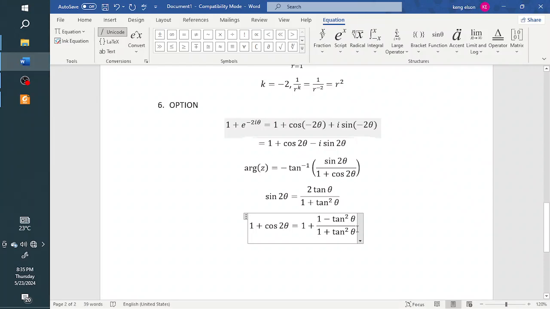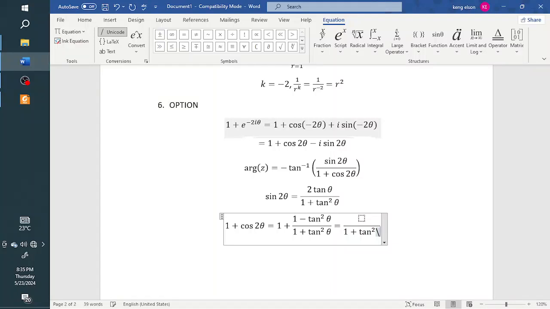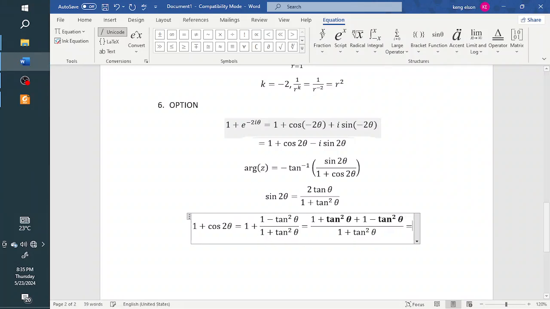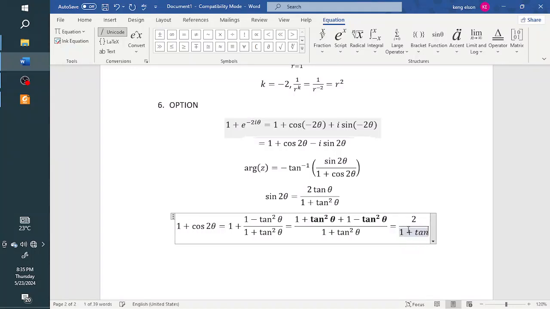Now you realize that the LCM is 1 plus tan squared theta, so we have 1 plus tan squared theta plus 1 minus tan squared theta. Tan squared theta cancels with tan squared theta, 1 plus 1 is 2, so everything will give us 2 divided by 1 plus tan squared theta.